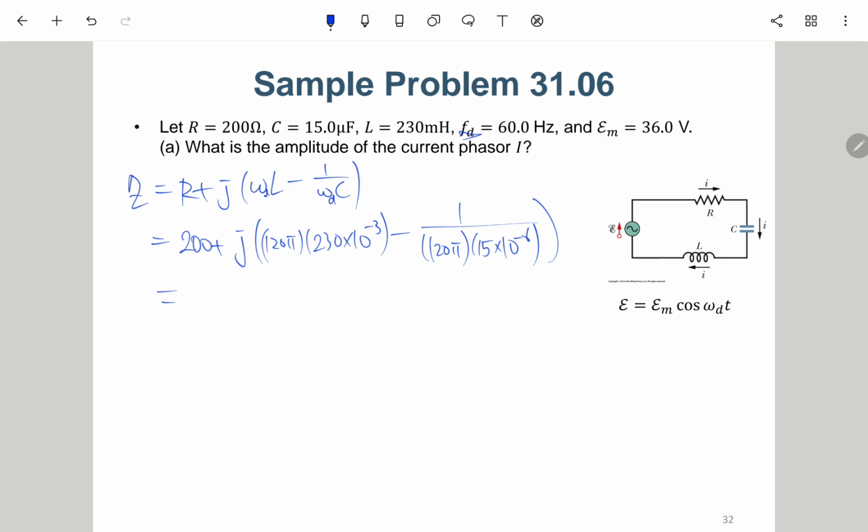So this is nothing but 200 minus j times 90.13. This is the impedance of this RLC.